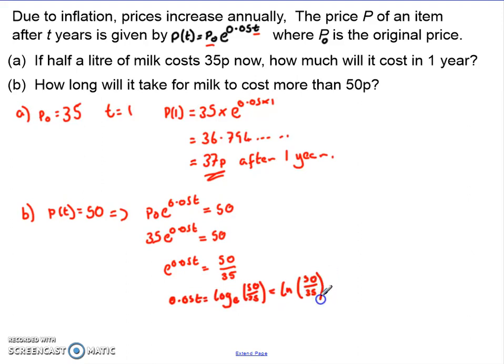We can then solve this like a normal equation, divide by the 0.05, so t equals 1 over 0.05 times ln of 50 over 35.